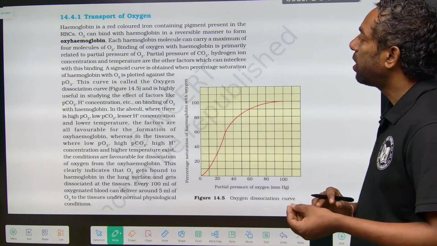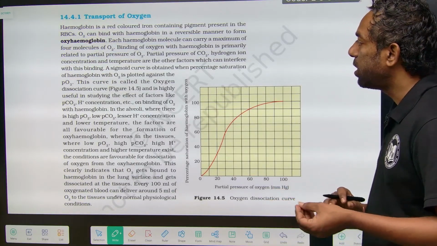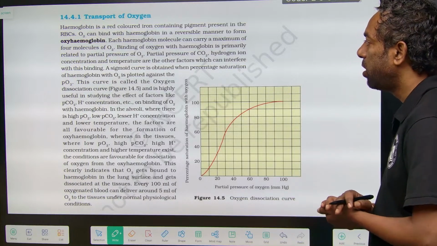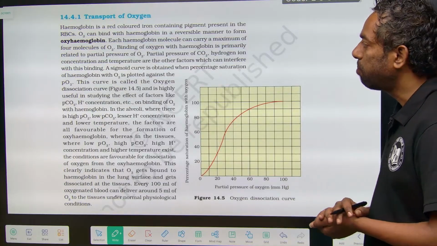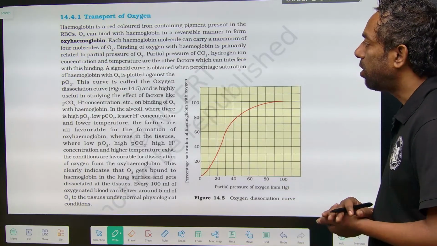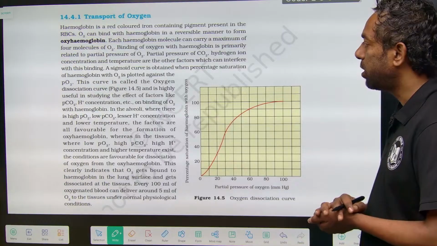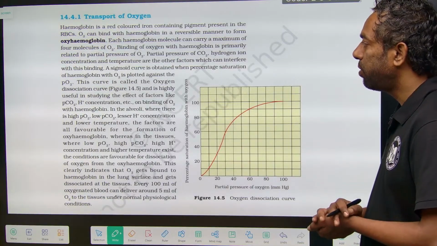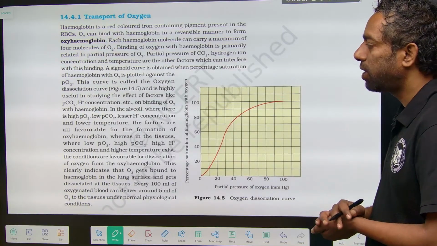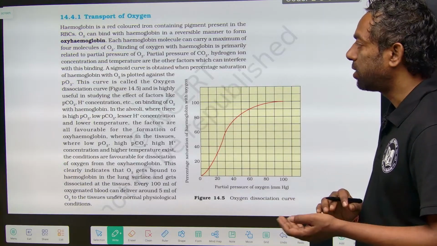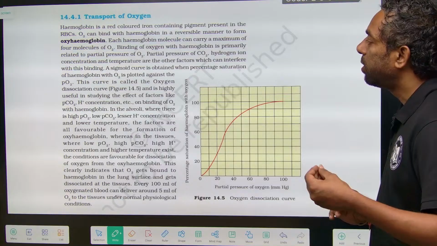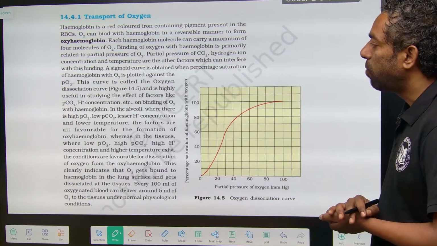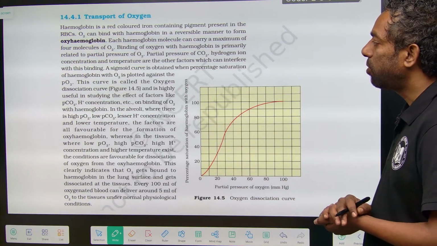A sigmoid curve is obtained when the percentage saturation of hemoglobin with oxygen is plotted against the partial pressure of oxygen. The curve is called the oxygen dissociation curve, which is highly useful for studying the effect of factors like CO₂ and H⁺ concentration on the binding of O₂ with hemoglobin.